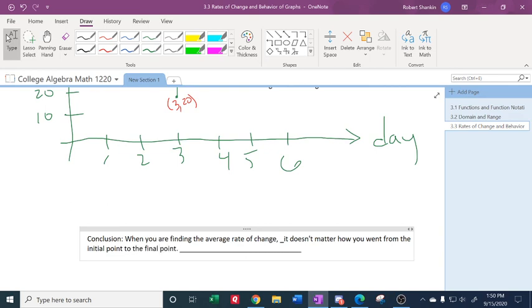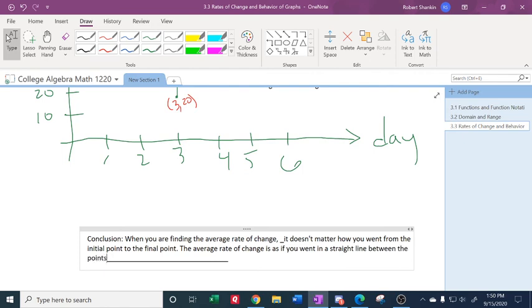It doesn't matter. The average rate of change is as if you went in a straight line between the points.